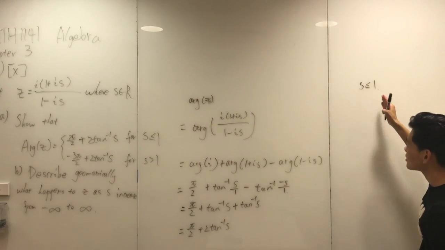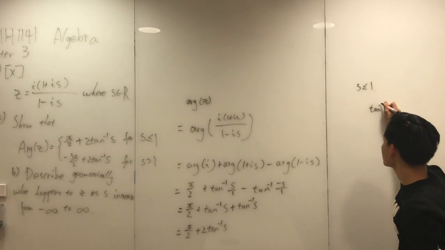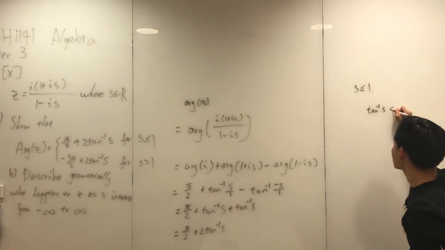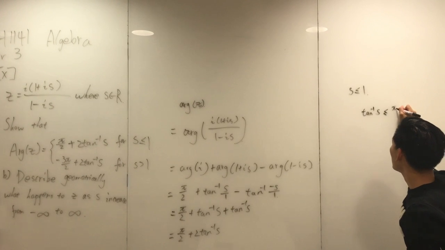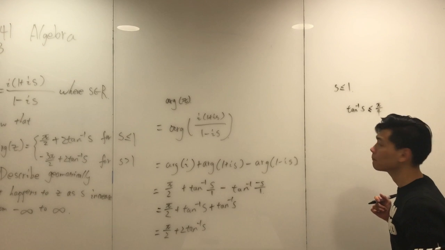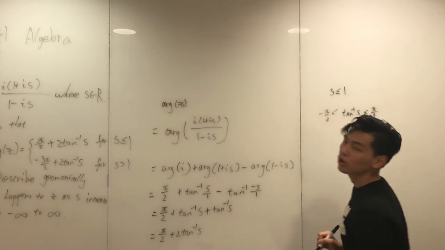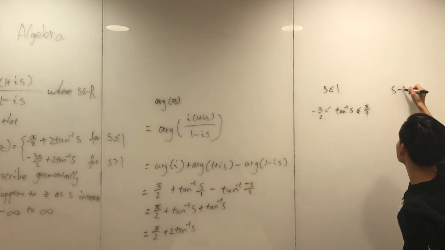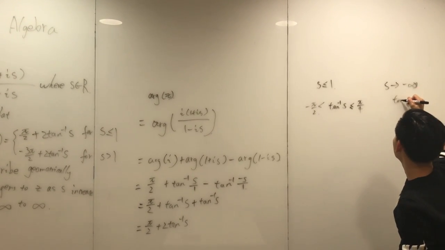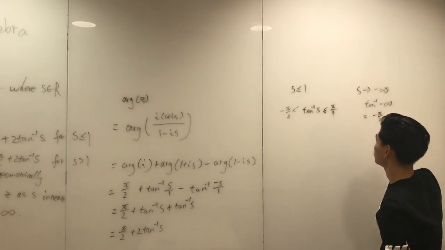So when s is less than or equal to 1, inverse tan s will be less than or equal to pi/4, but bigger than negative pi/2. Why? Because when s goes to negative infinity, inverse tan of negative infinity becomes negative pi/2.